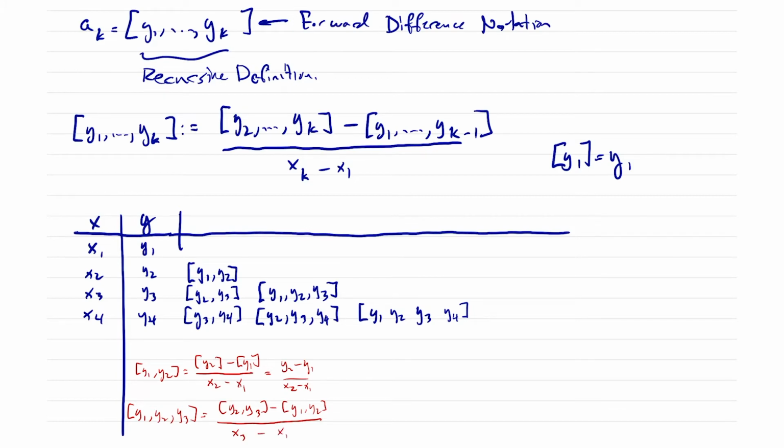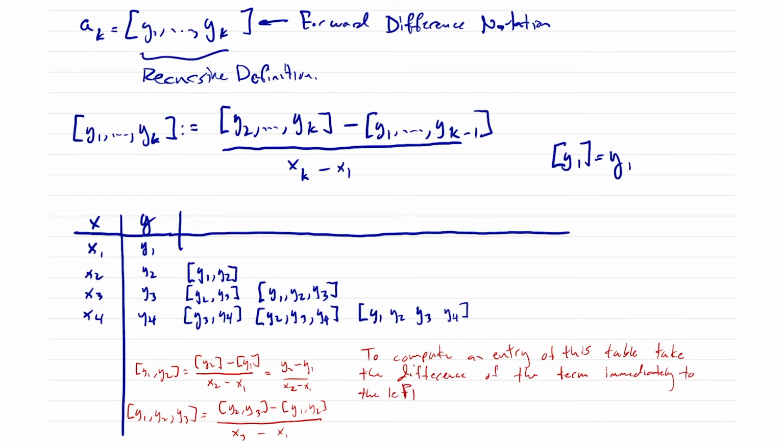All right, so basically, to compute an entry of this table, take the difference of the term immediately to the left with the term above the left term, right?